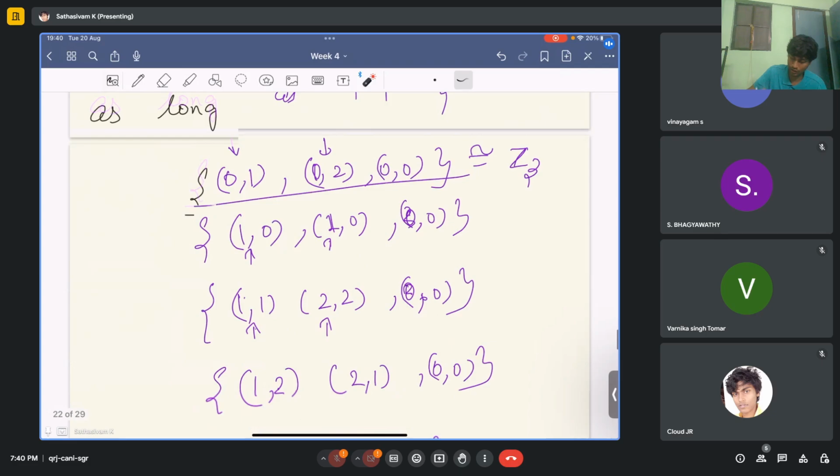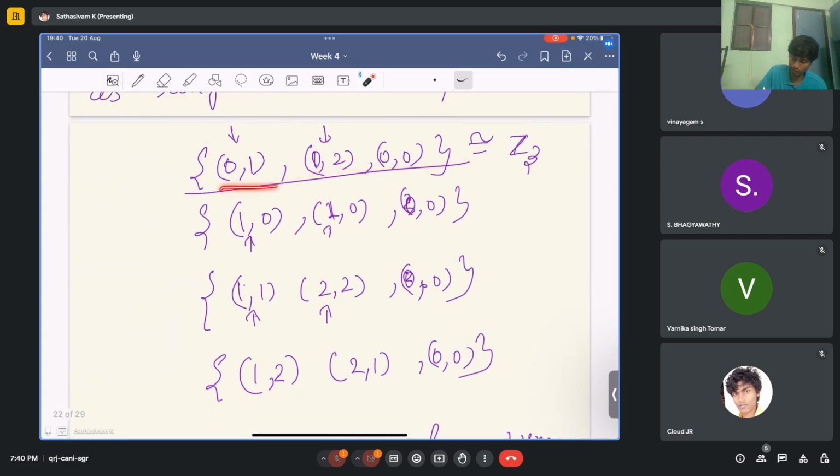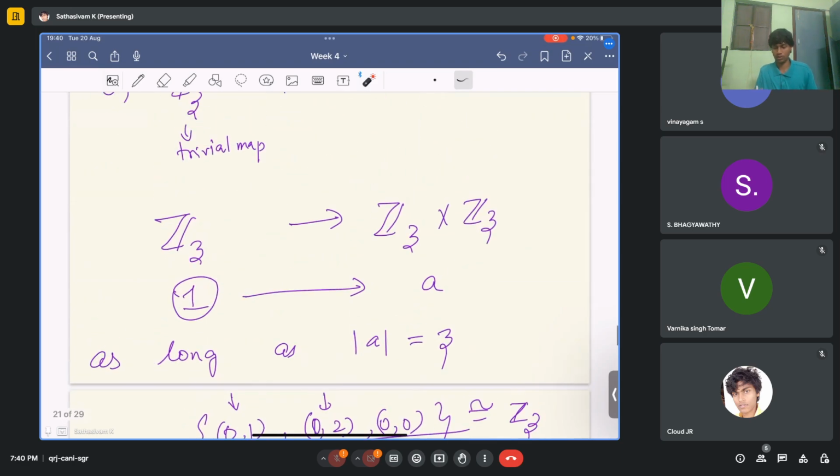You take any of these 9 elements, these 8 elements plus this 0, and add it 3 times, you will get 0. So you can map this 1 to any of these 9 elements, and that will give you a homomorphism.